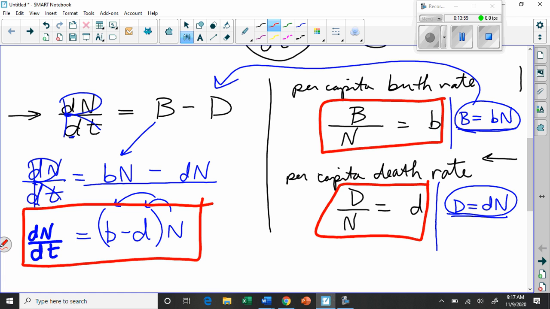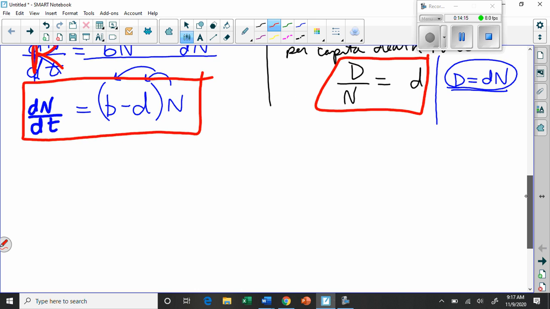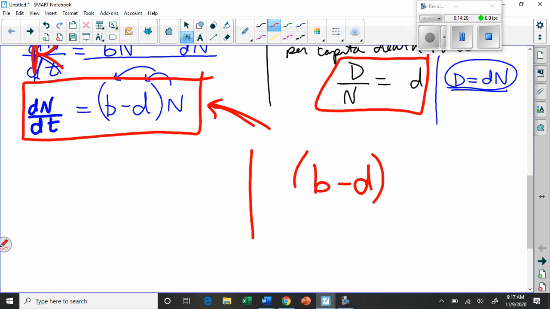Okay? All right. Now, to make it even more confusing, this is why I didn't want to use a big capital R here for these things, because they use a little small r for something completely different. What they decided is they don't like the look of this equation right here. It looks too complicated for biologists. So they like to say, let's just call the difference, the b minus d part, let's give that a little letter and call it baby r.